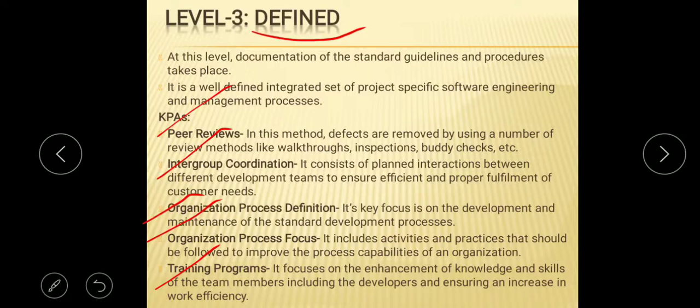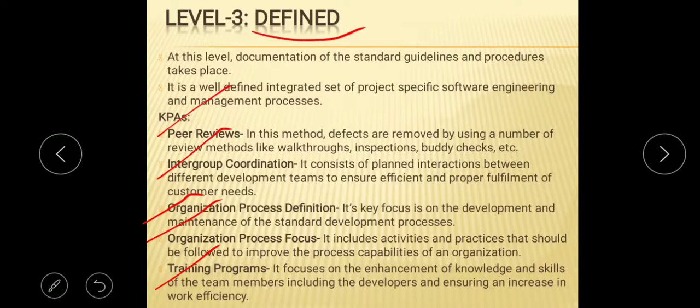It includes activities and practices that should be followed to improve the process capabilities of an organization. Then finally, training programs. It focuses on the enhancement of knowledge and skills of the team members, including the developers, and ensuring an increase in work efficiency.